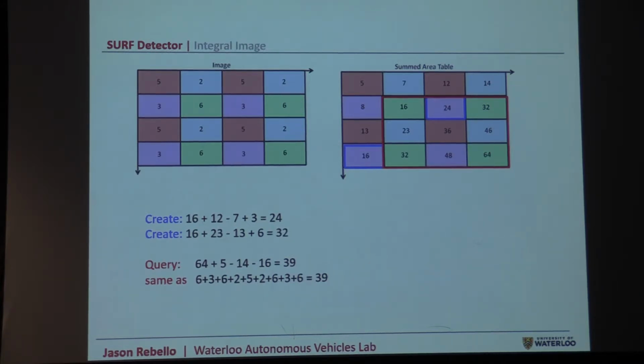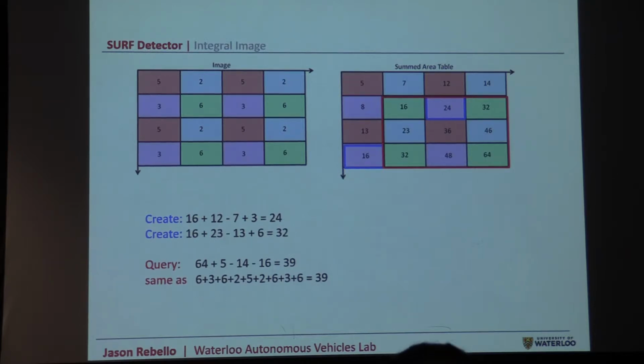So let's say we want to try and create this square over here, 24. If we start with the top left pixel, that is the same value as the original image. But as you go further right, you sum the previous pixels to the left and above that, which means 5 plus 2 is 7, and then 5 plus 5 plus 2 is 12, and you keep summing that. At the same time, when you go down, you keep summing the same thing.